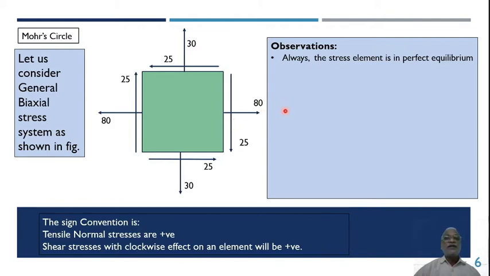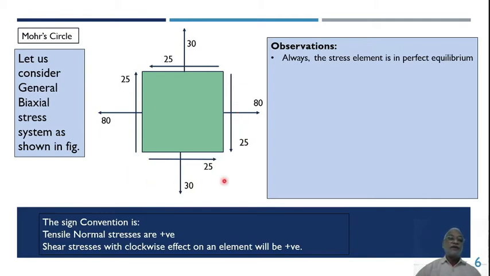Look at that, 80 this way, 80 that way, it is in equilibrium. 30 this way, 30 that way, it is in equilibrium. And on the vertical faces, 25-25 is a clockwise couple, but on the horizontal surfaces it is an anti-clockwise couple with the same magnitude. Because of that, it cancels off, and the element is perfectly in equilibrium.